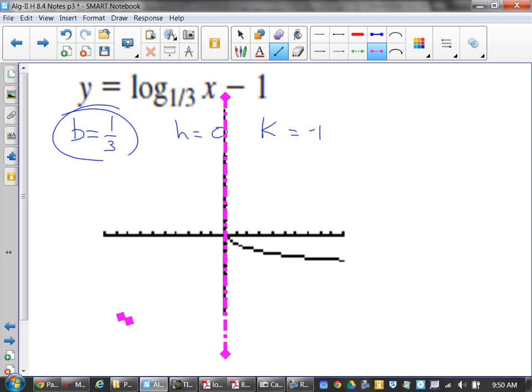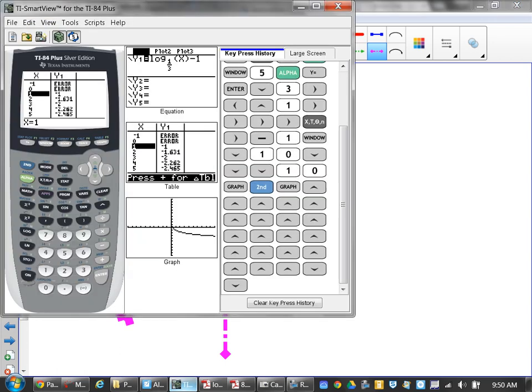Now, just by looking at the next value in the table, you'll notice, when x is 1, you got -1 for your y coordinate. Think about why that happened.